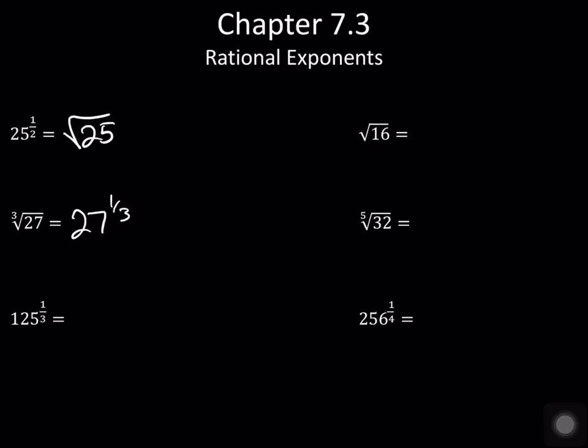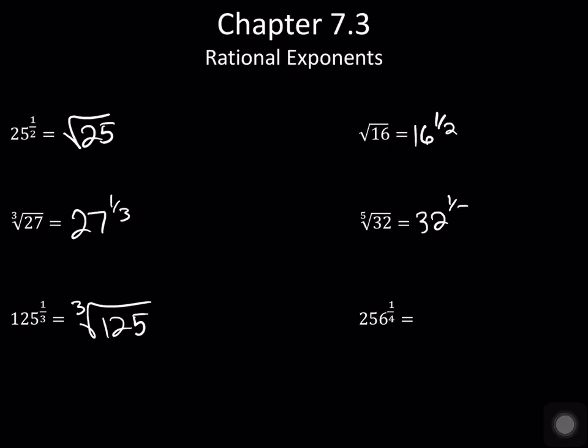So just being able to go back and forth. 125 to the 1/3 is the cube root of 125. Now we're just going back and forth between notations. We haven't solved anything. We haven't evaluated anything yet. We're just going back and forth between the rational exponent notation and the radical notation. Square root of 16 is the same thing as 16 to the 1/2.